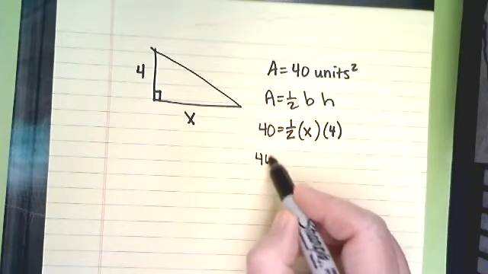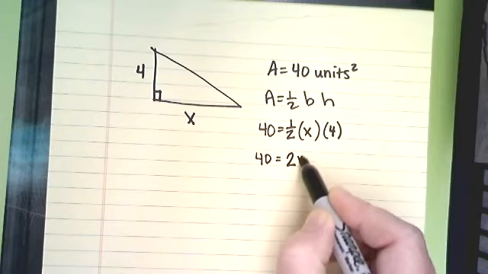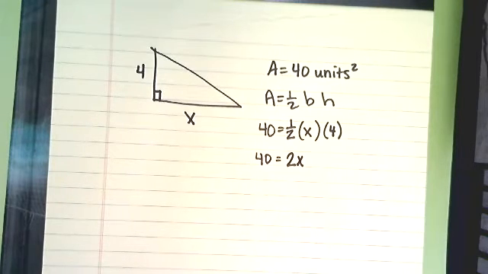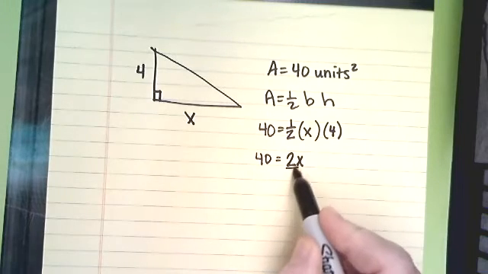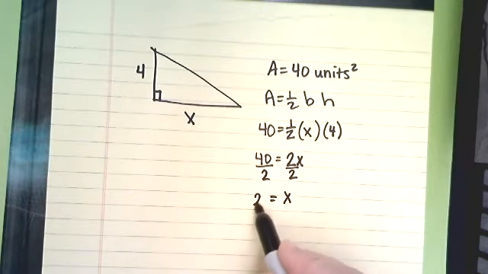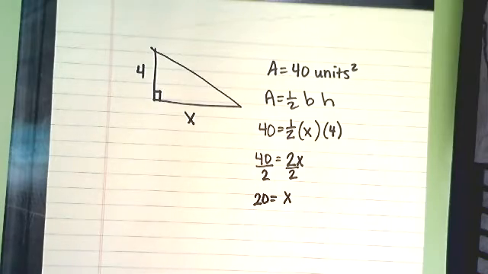So this is 40 equals 2X. And then divide. So X is 20. Okay.